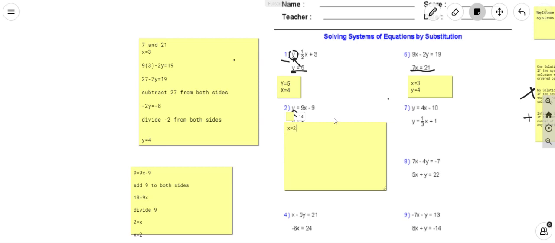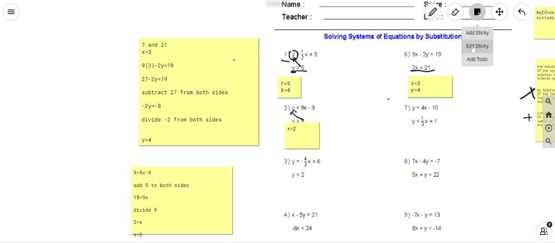And as for the next one, y already says it's equal to 9. We don't have to overthink this one. It's going to be y equals 9.